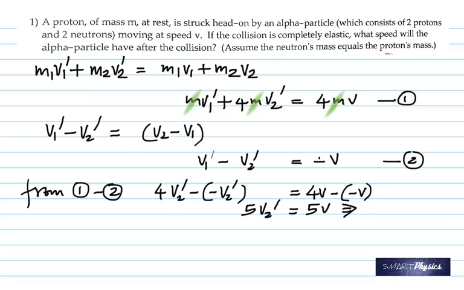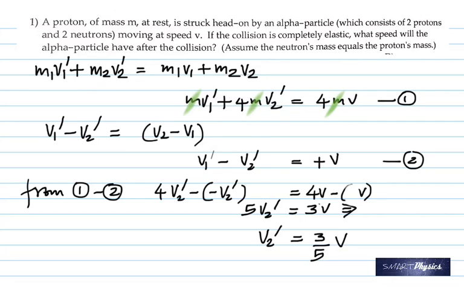Now that was the mistake that I was making, and I've corrected it now. So here it is now 3 times the velocity, because this velocity is positive.